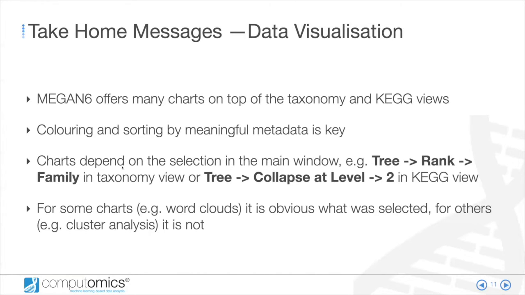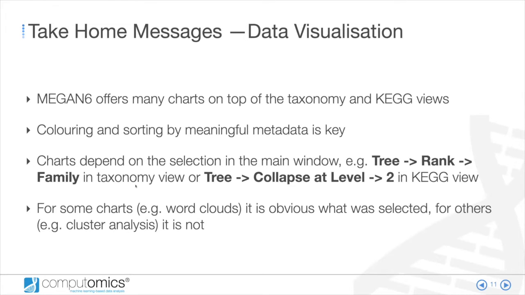And your charts always depend on the selection in your main window. Like I said, when you select all the families in the main tree, then it's going to chart the family data. But if you select, for example, level 2 in the CAC view, it will chart that data.